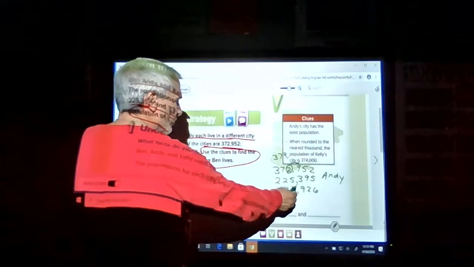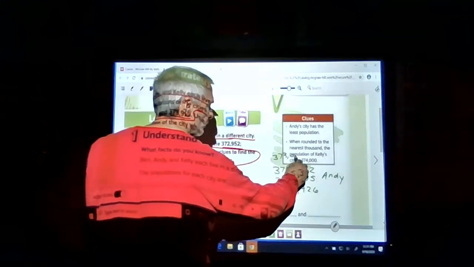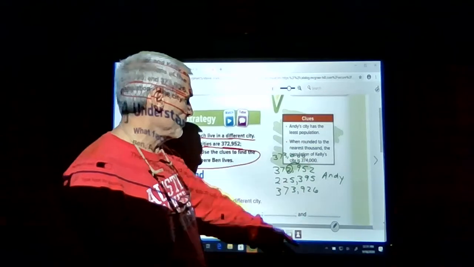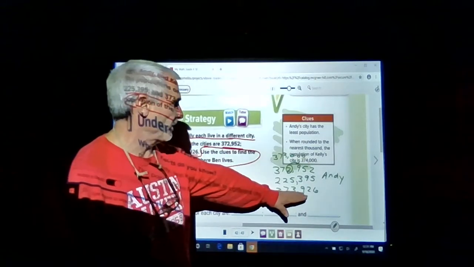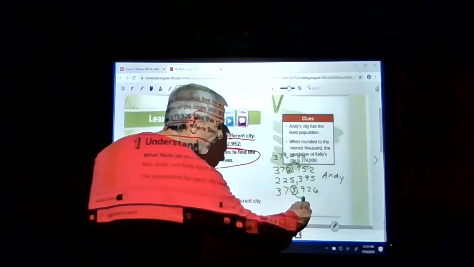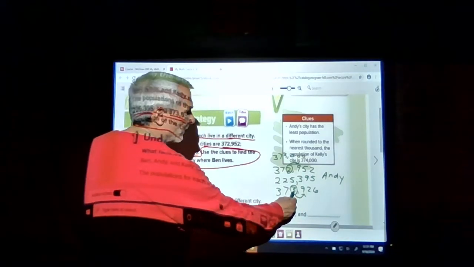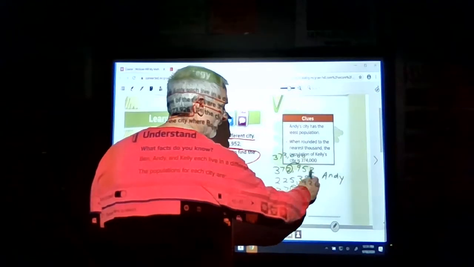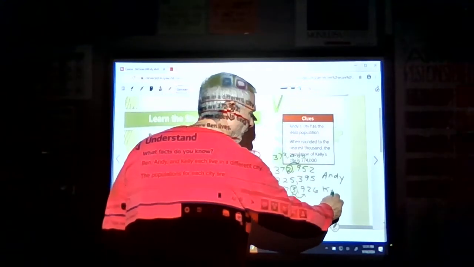Remember, all the digits after become zeros. 373,000. But Kelly's is 374,000. That must be this one, Kelly's. And if we looked here and we went next door, that 9 makes it be a 4. That means all these are zeros. That means Kelly's is right here.